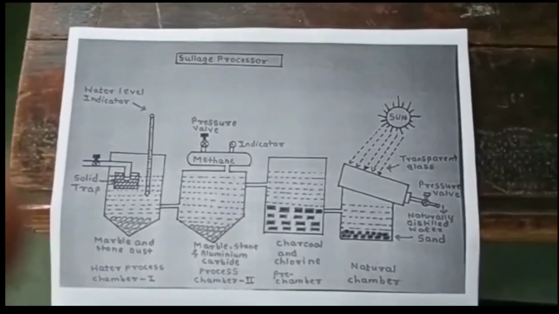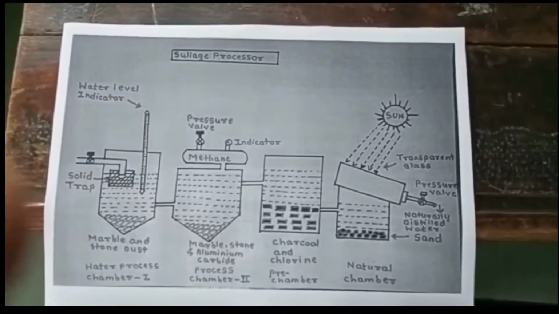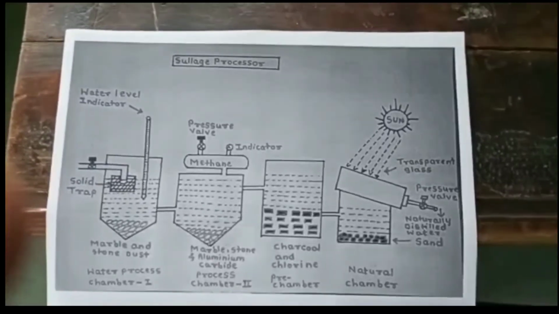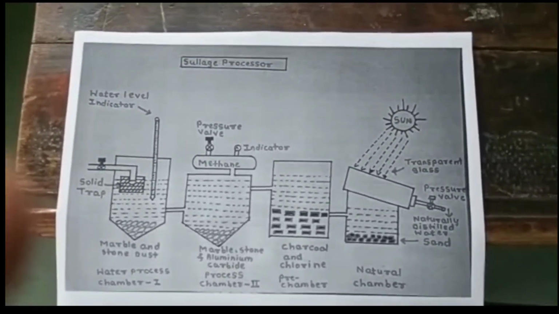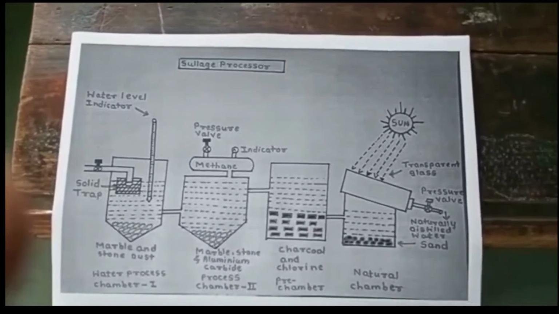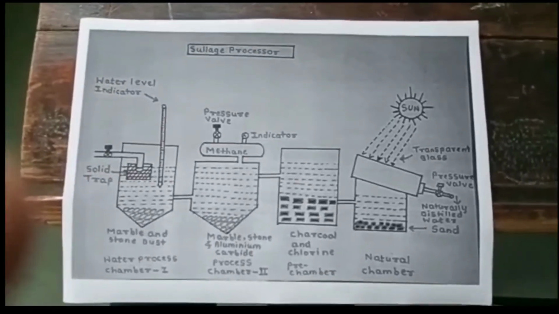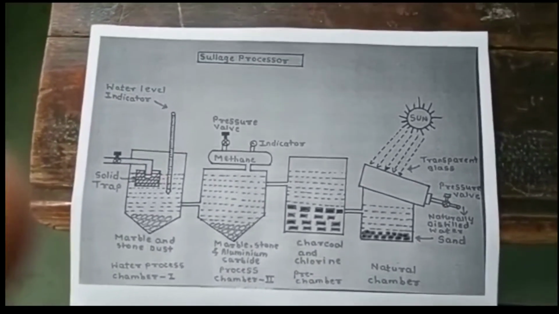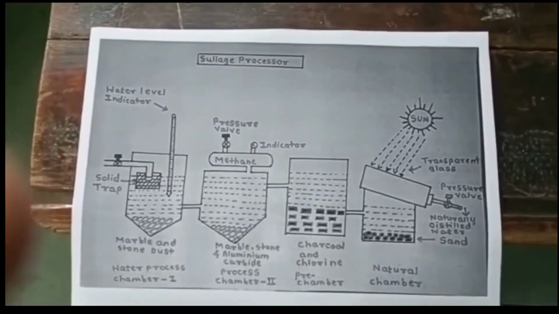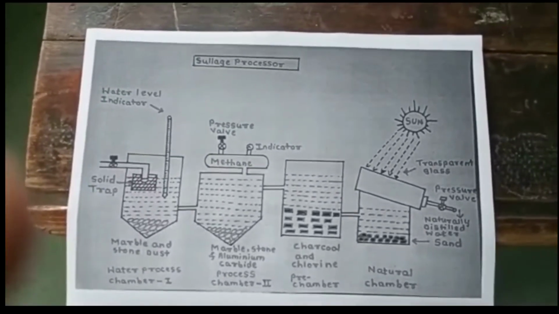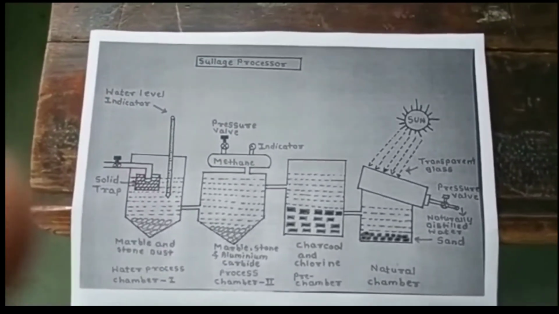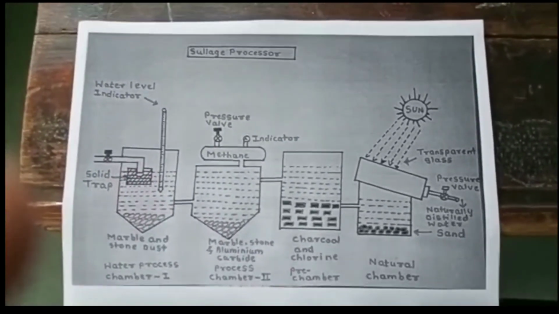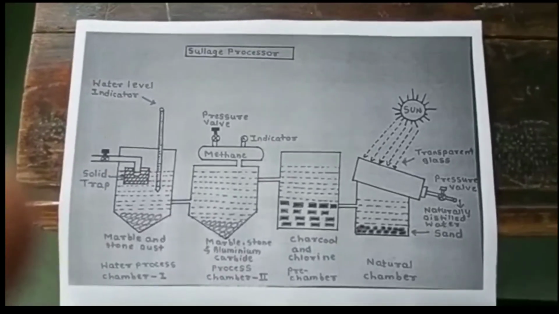At the top of the natural chamber, that is at the top of chamber number 4, we are using transparent glass so that the sun rays coming out from the sun are naturally passed towards the water available in the natural chamber. At the bottom of the natural chamber we are using sandstones.